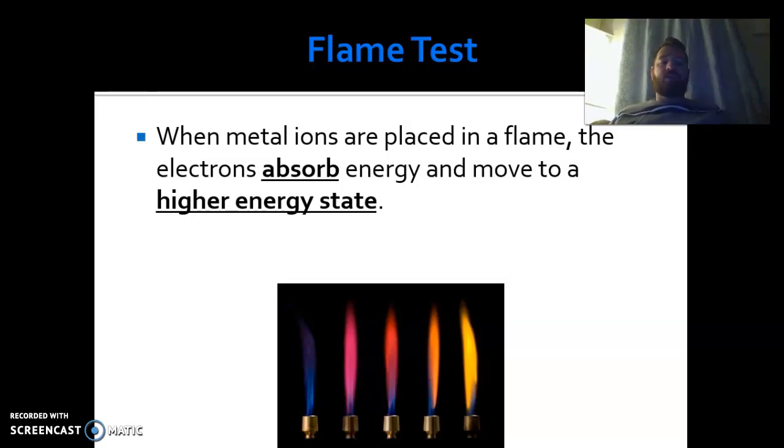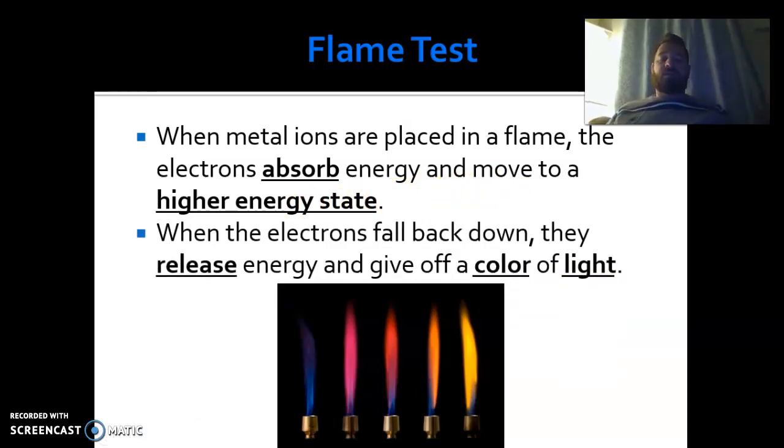Right, so when we place it over a flame, the electrons absorb that energy and move up to a higher state. So as the heat is causing our particles in there to move faster, right, those electrons are jumping up an energy level, right, moving to a higher excited state. Right.